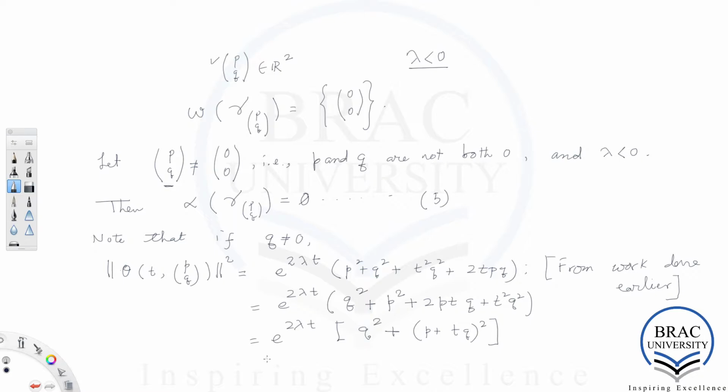And this is going to be greater than or equal to q square e to the 2 lambda t, because this is going to be greater than or equal to 0.